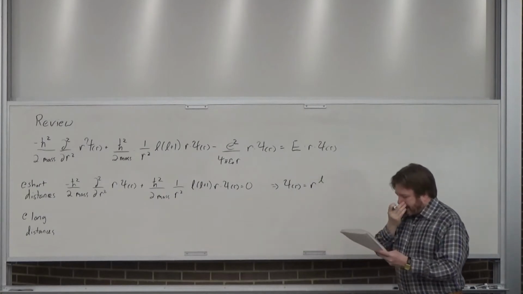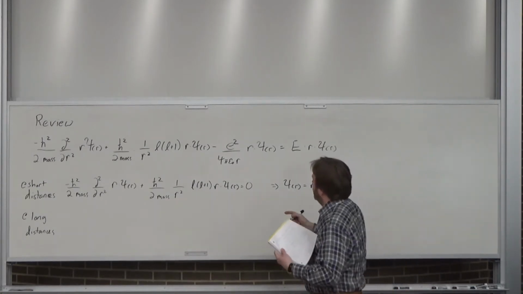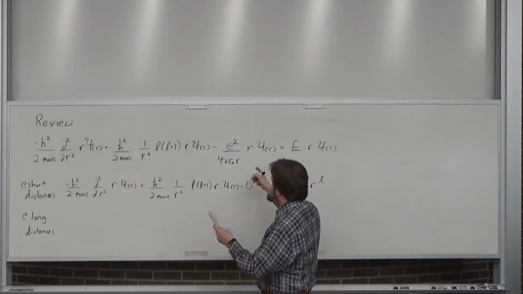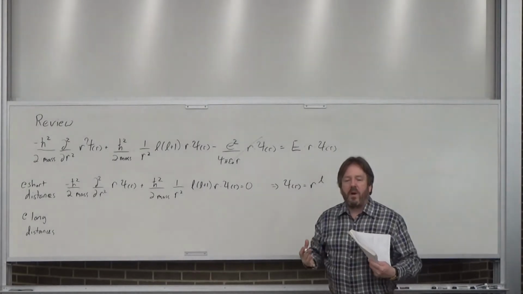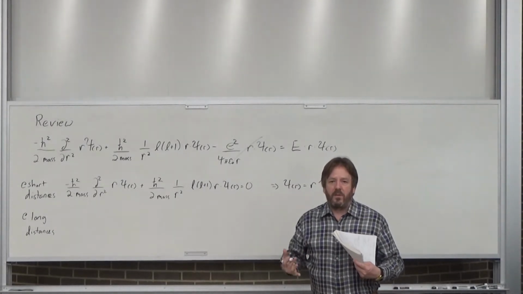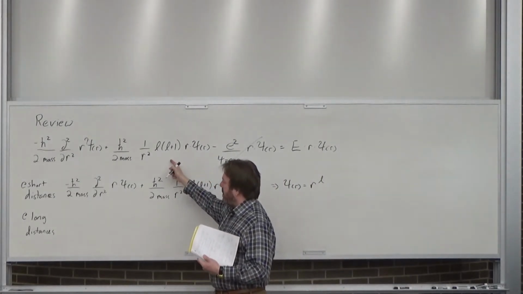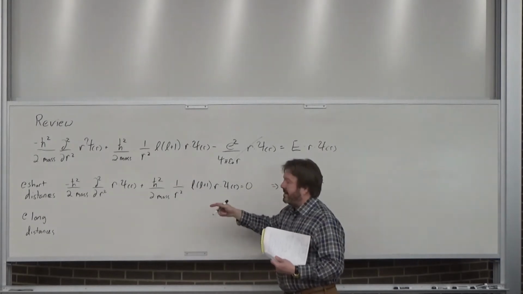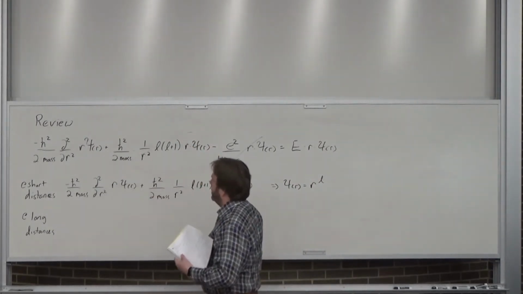At long distances, I'm actually going to get rid of the Coulomb operator, because that's the electron-proton interaction, and that's definitely a very favorable interaction if they're close together, but I'm talking about long distances. Remember, this one is dominant at short distances, so the exact opposite is true at long distances, so I'm going to get rid of that.